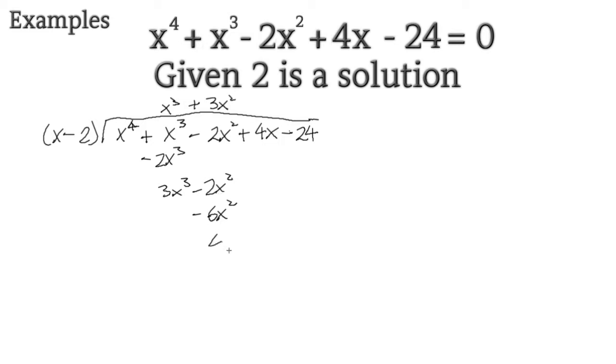That would yield us 4x squared plus 4x, then we get minus 8x, that gives a total of 12x, take 24, and so we have the last number as 12. From this, we know that we have a cubic, which is a lot easier to deal with.